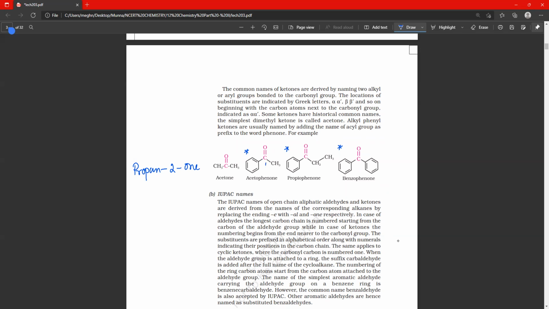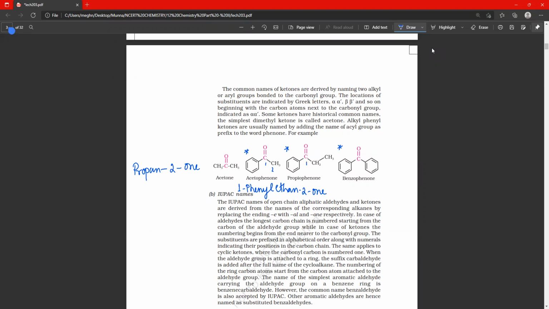Now this one, see, the benzene ring is treated as a prefix. So where is the benzene ring? In the first location. 1-phenyl and 2-one. Okay, 1-phenyl ethane 2-one.